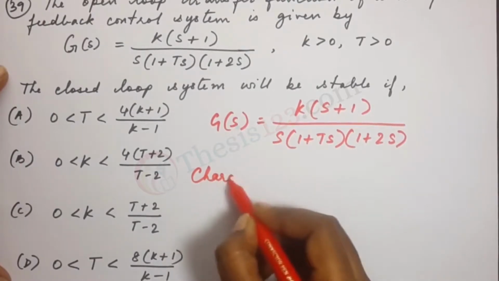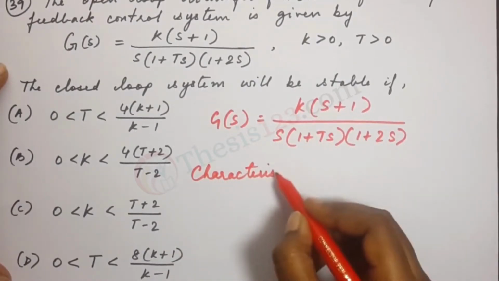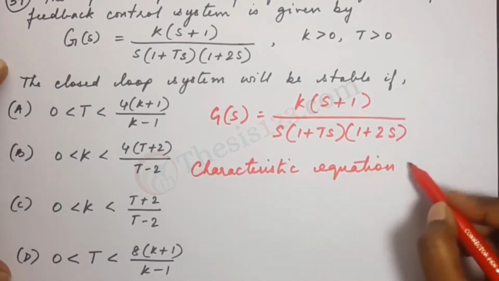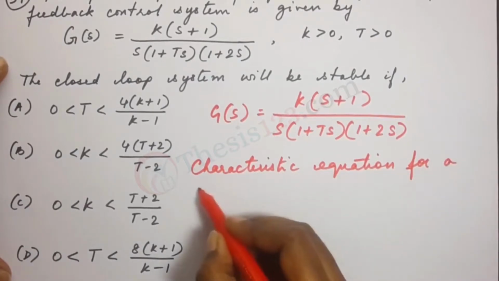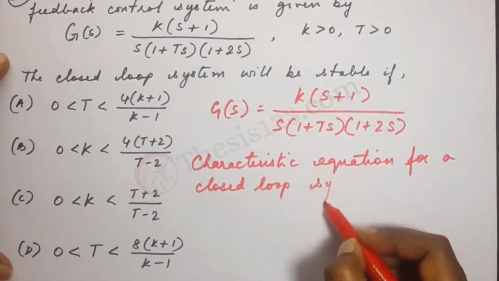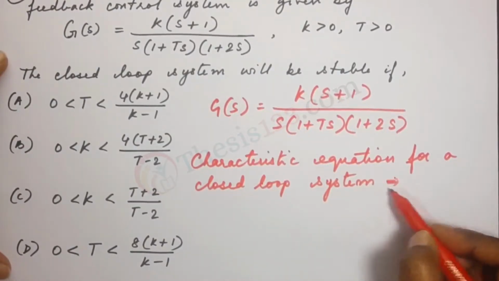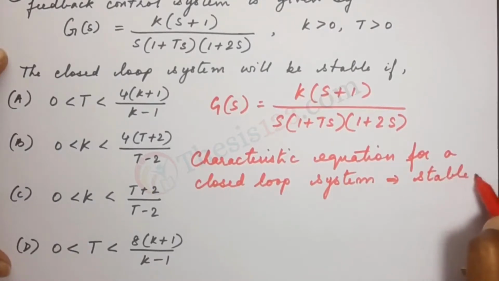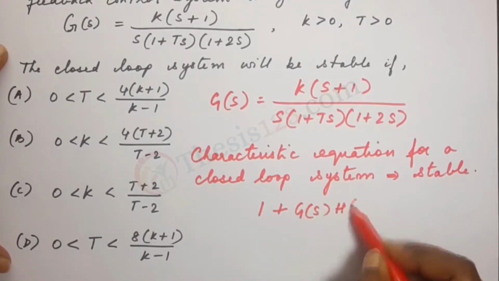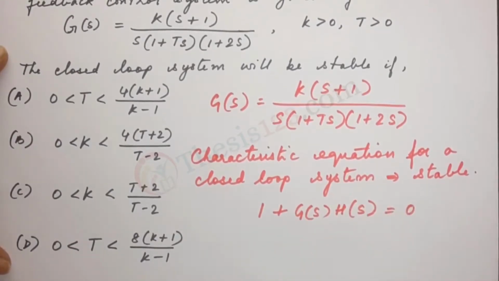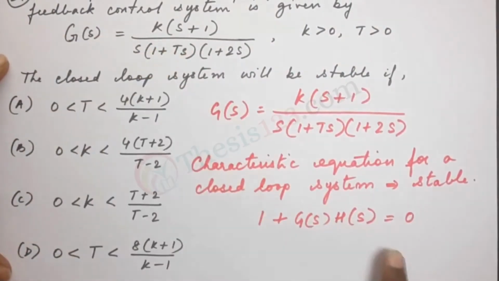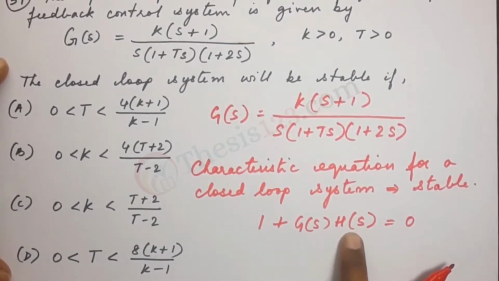The characteristic equation for a closed loop system being stable is 1 plus g of s into h of s is equal to 0. So here it is given that it has unity feedback control. So h of s is 1.